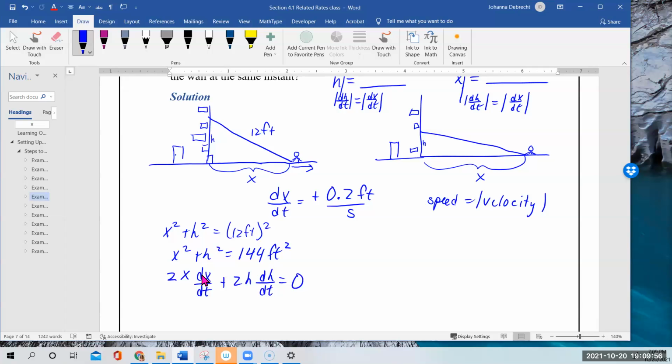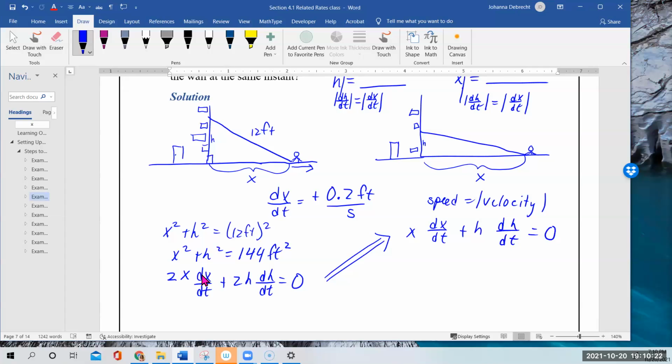Now I know, because I've got a common factor of 2 on each of the two terms, that I could divide out the 2, and this would lead to the next equation, which is that x dx/dt plus h dh/dt equals 0. Now I want to know when the two have the same speed.